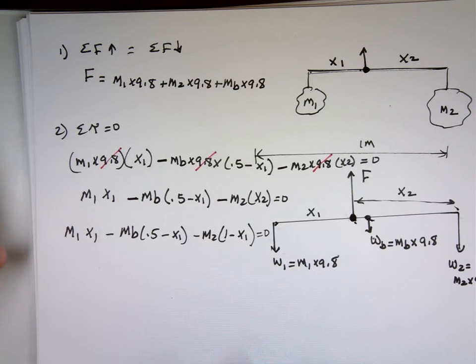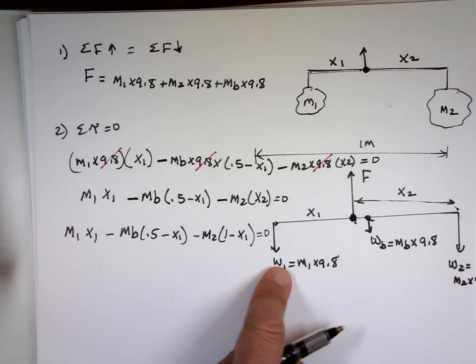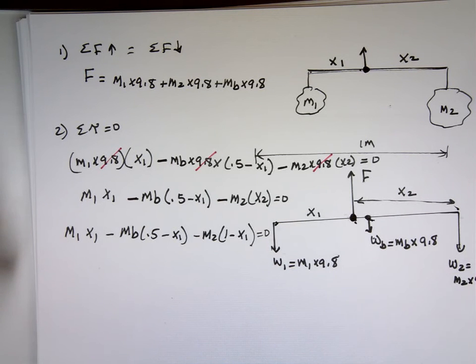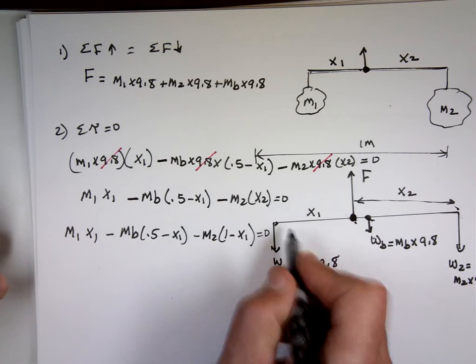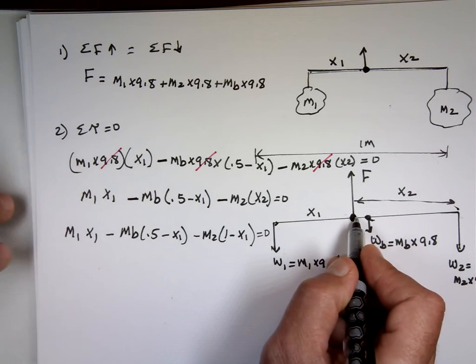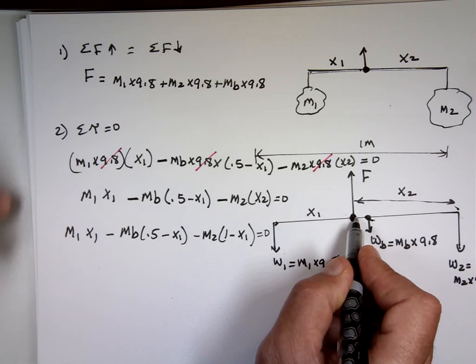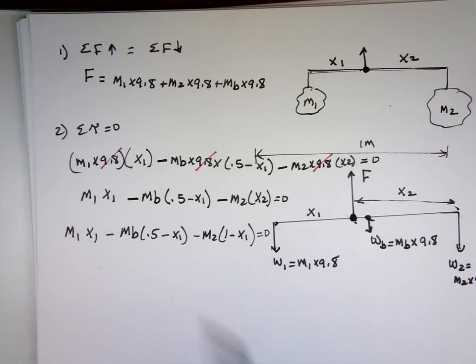One unknown, x sub 1. We know the mass of this, we know the mass of this, we know the mass of the beam. I just didn't give them to you. But we normally know these things. And I should be able to solve for x sub 1 where the center of mass is going to be. Solve for x sub 1.